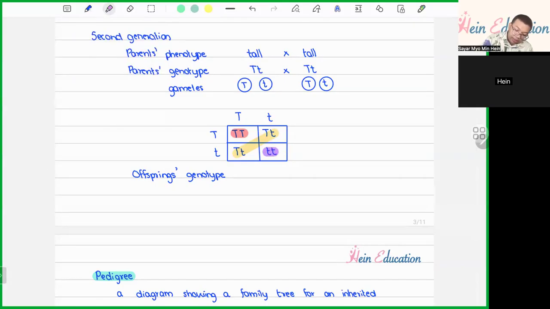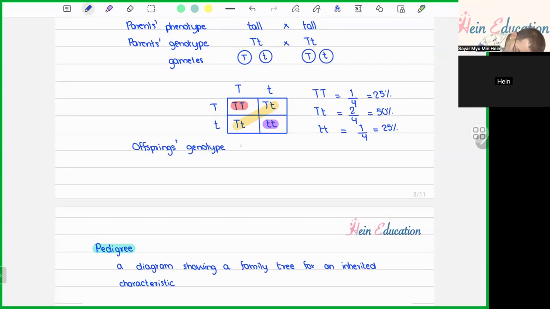So for capital T capital T, it is 1 out of 4, so that would make 25%, right? For capital T small t, it is 2/4, so it would be 50%. And similarly, small t small t is 1/4, so it would be 25%. So we say 25% capital T capital T, 50% capital T small t, and another 25% small t small t. So this is the genotype.